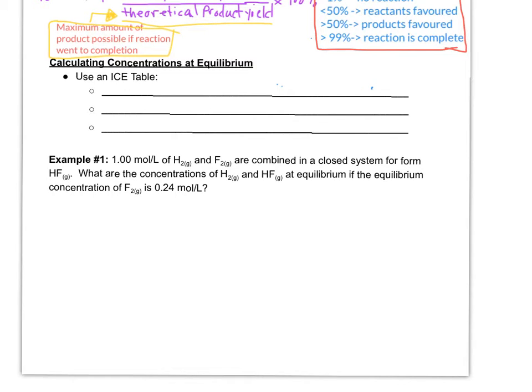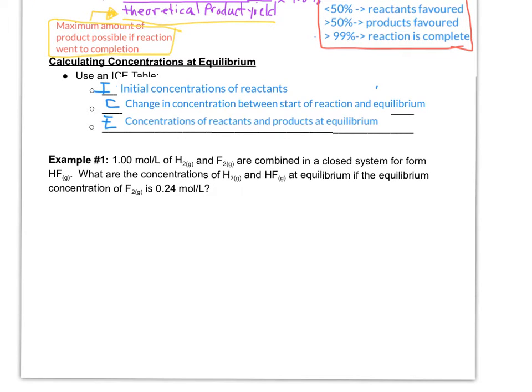In an ICE table, we have an I, we have a C, and we have an E. When we're using these ICE tables, our I stands for concentration of reactants when we start, so initial concentration. The C represents the change in concentration between start of reaction and equilibrium, and our E represents the concentrations of reactants and products when we're at equilibrium.